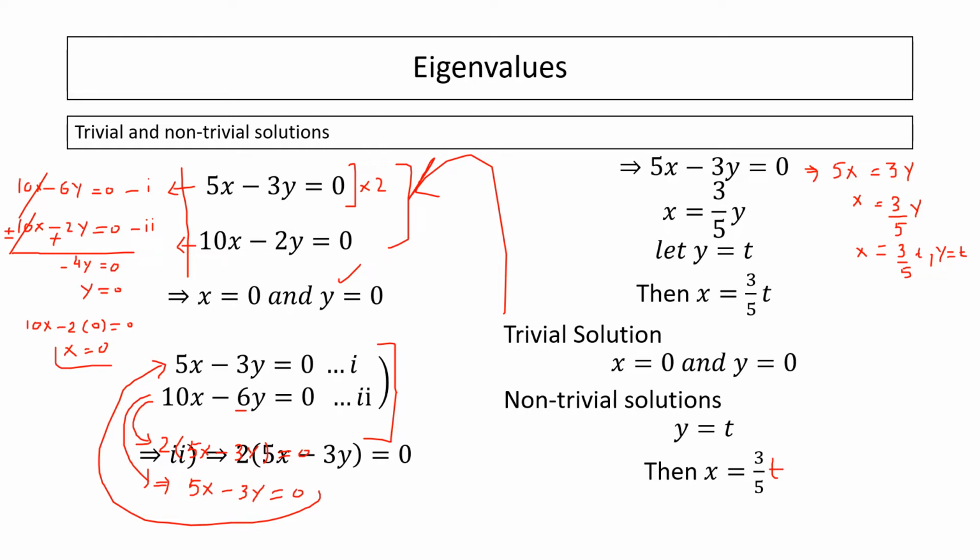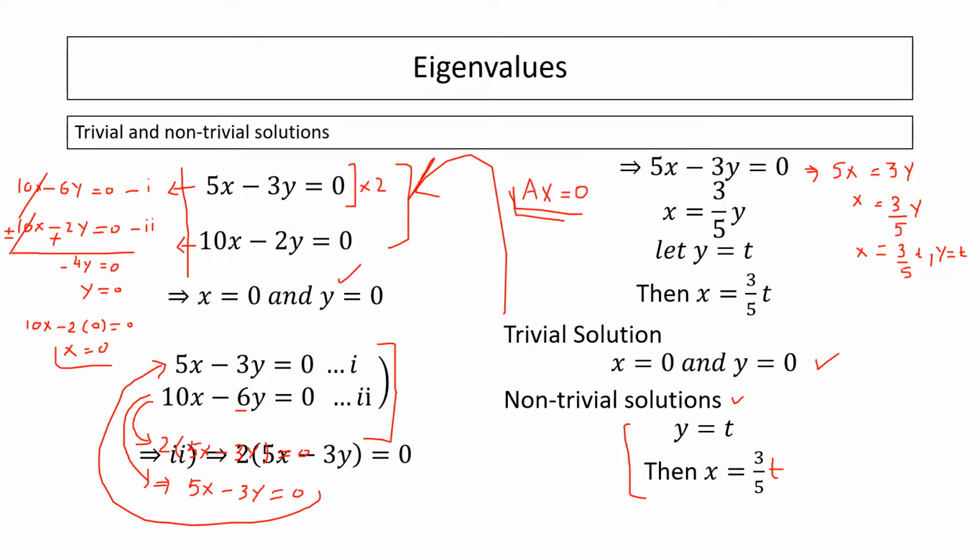When you get a unique solution in this system of equations, Ax equal 0, then we call it the trivial solution. And when there are an infinite number of solutions, we call them non-trivial solutions.